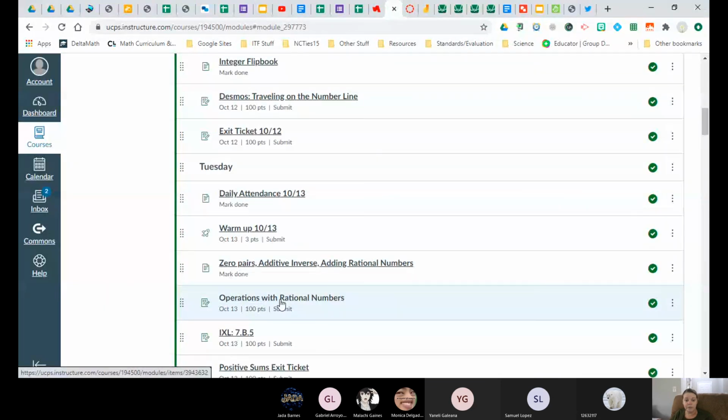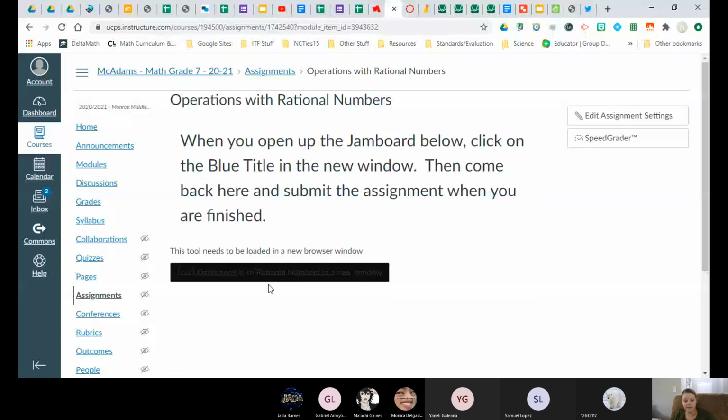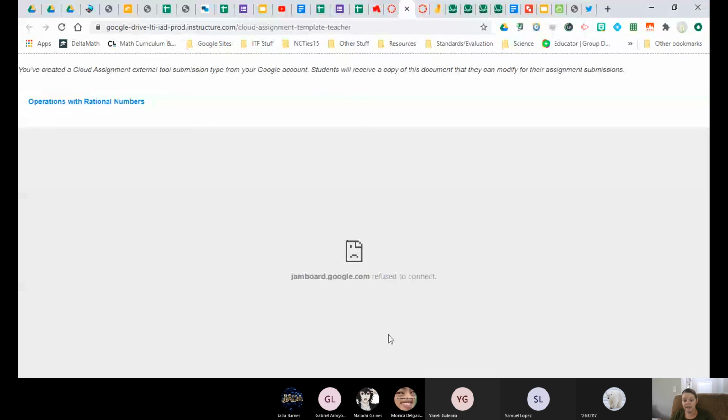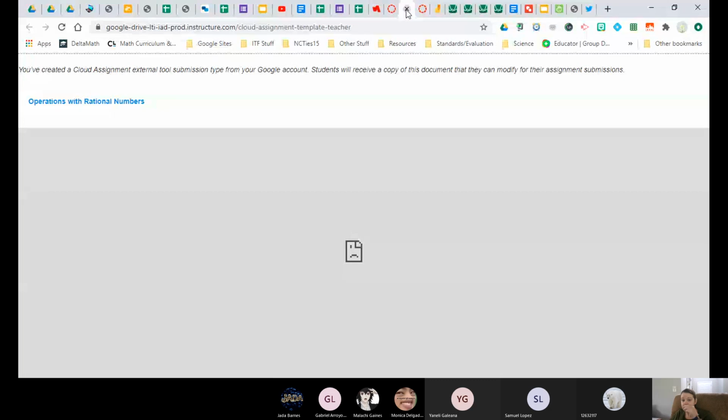All right, so operations with rational numbers is the name of it. It tells you here, when you open the Jamboard below, click on the blue title in the window, okay? So you click here, and it's going to look like this on your screen. But if you click operations with rational numbers, it will open up a copy of the Jamboard for you.